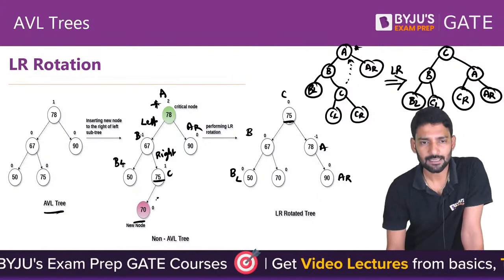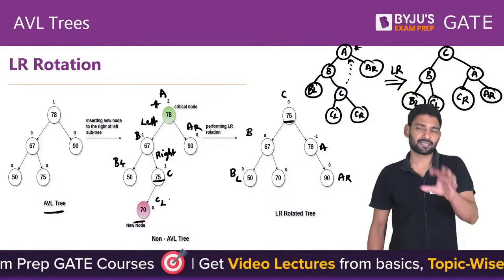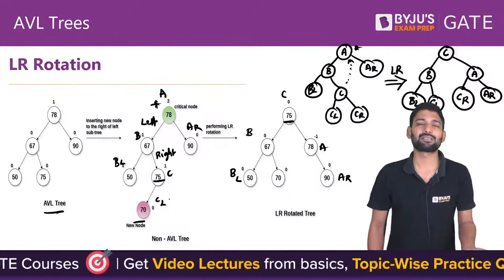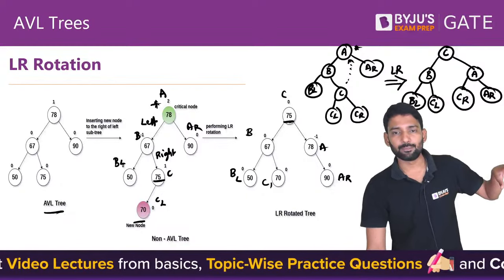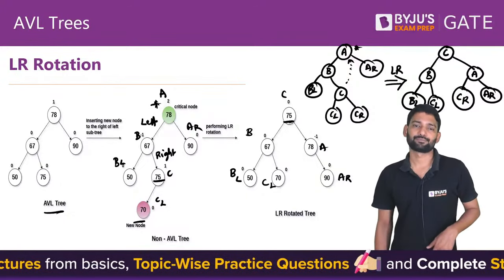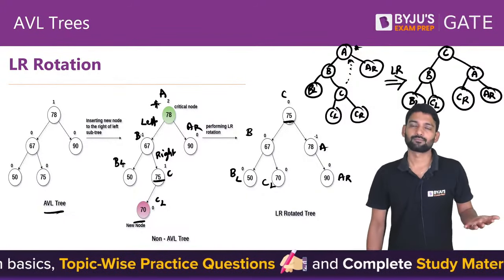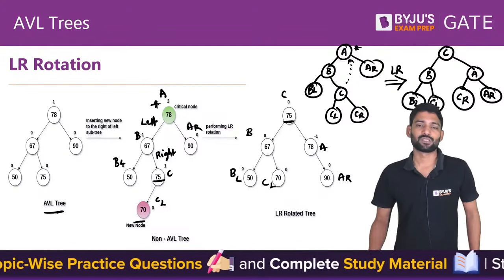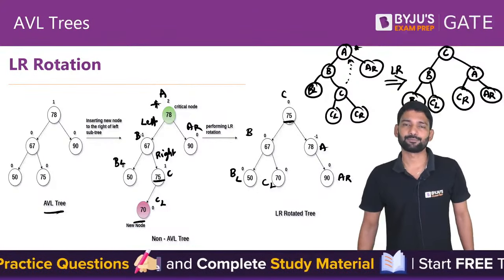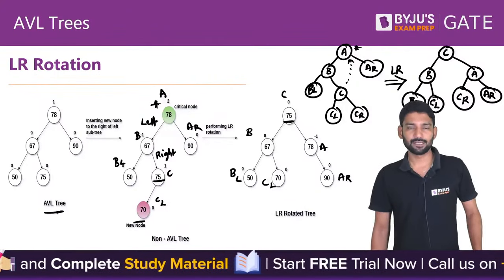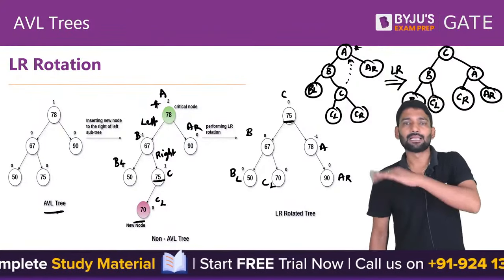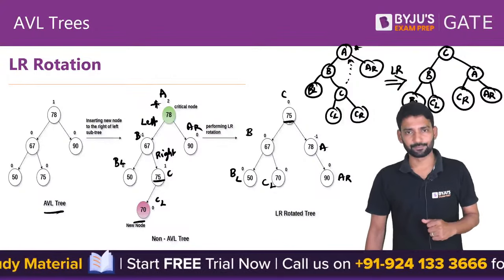Now C has only a left child in this example, so C left would still be on C's left side, but as B's right side. Simple. So this is what LR rotation is. We call it a double rotation, dear friends. Actually it is a left rotation then a right rotation.